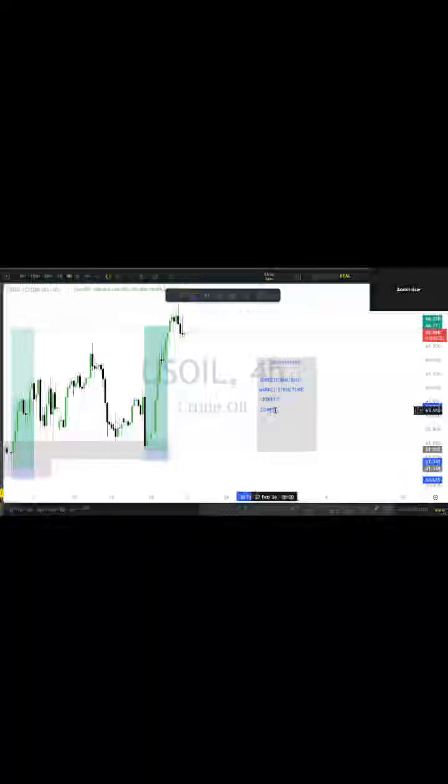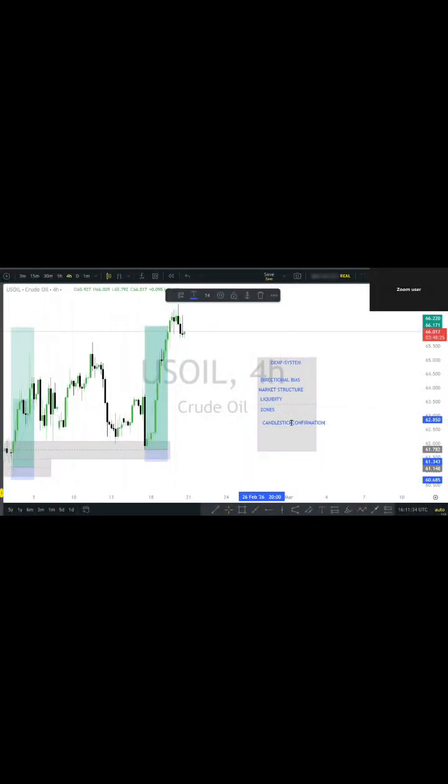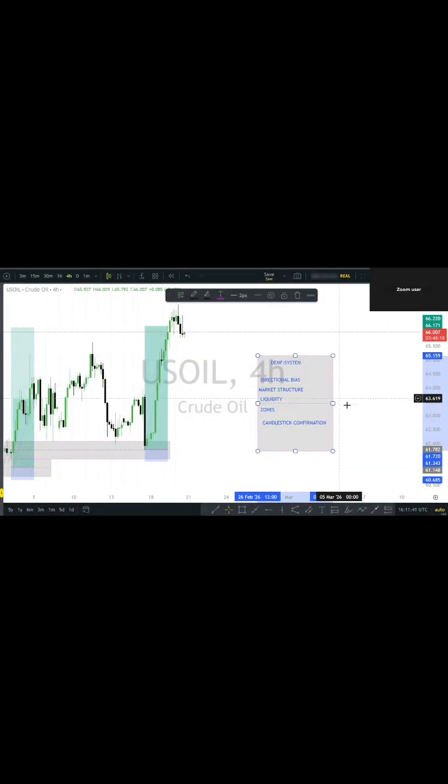All those fall under zones. The fifth one now is candlestick confirmation. Candlestick confirmation is the fifth one.